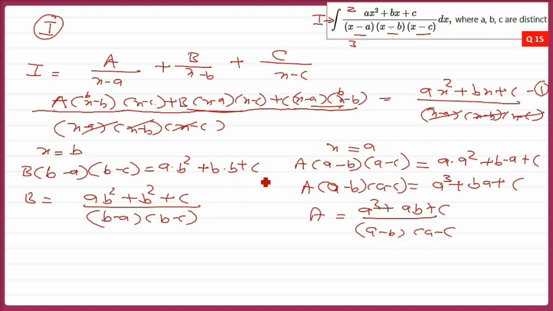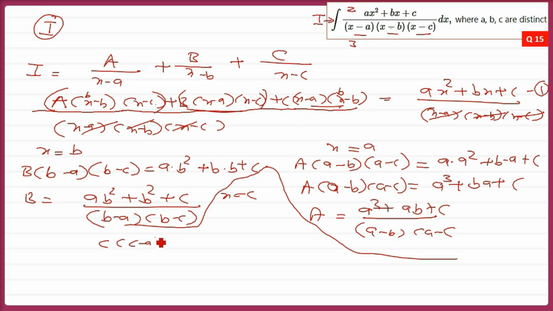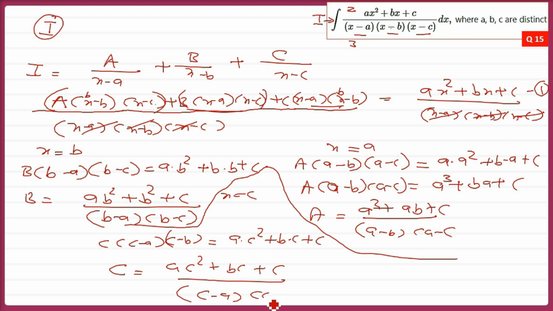Now let me just find out C also here, because it will be in the same frame then. x equals c. Now when you put x equals c, the first term and the second term will become 0, they will disappear. So C into c minus a into c minus b can be equated to ac square plus bc plus c. So C has become ac square plus bc plus c divided by c minus a into c minus b. So A, B, C we have known now.